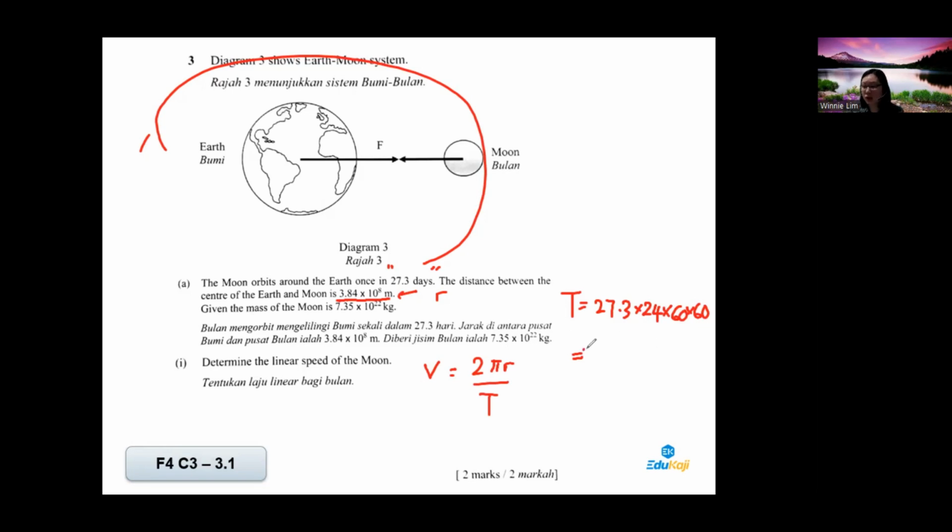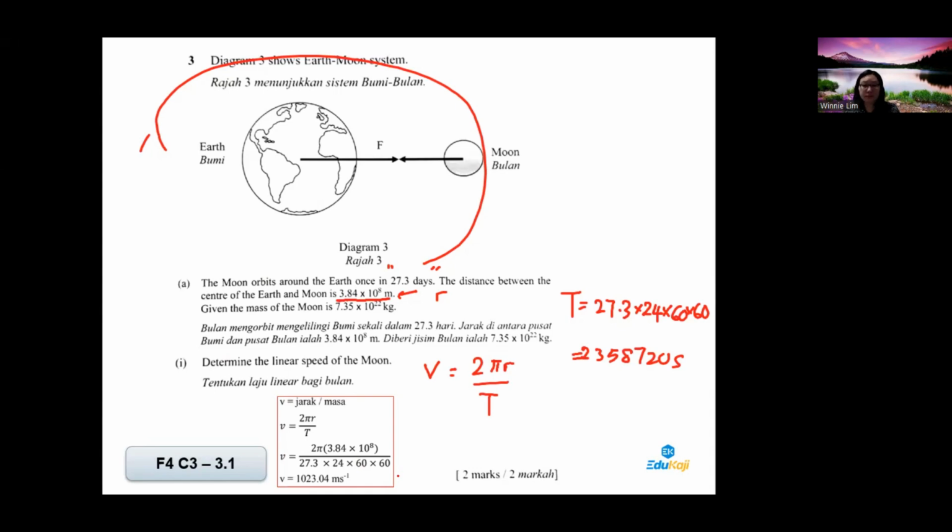Hence you will actually get 2358720 seconds. Okay, so we substitute everything inside. Then you're supposed to have 1023.04 meter per second.